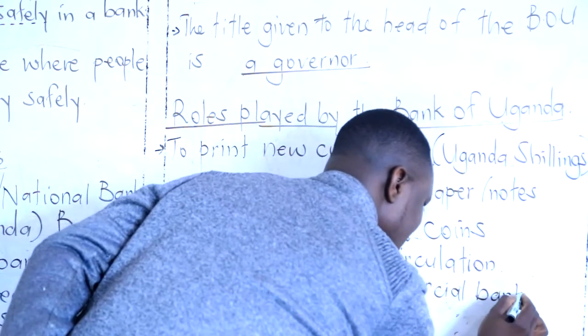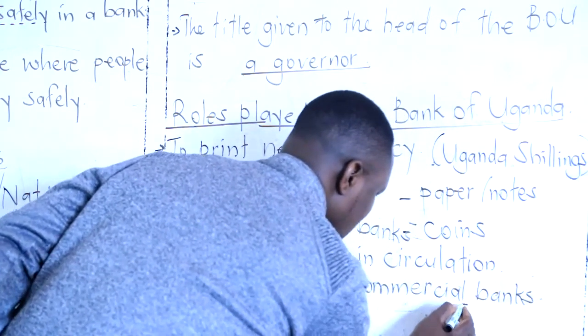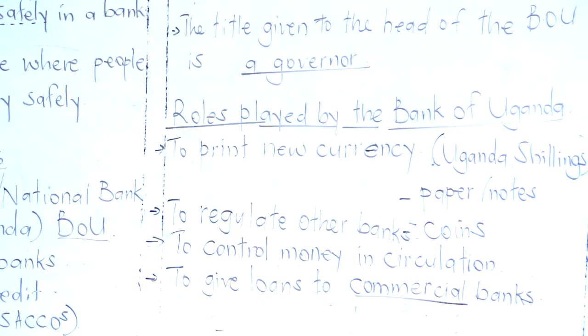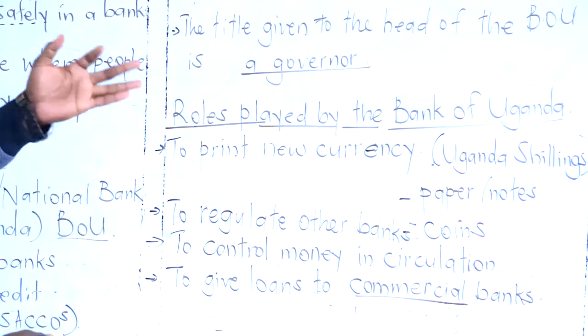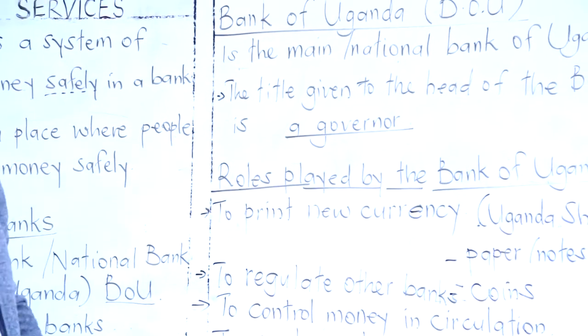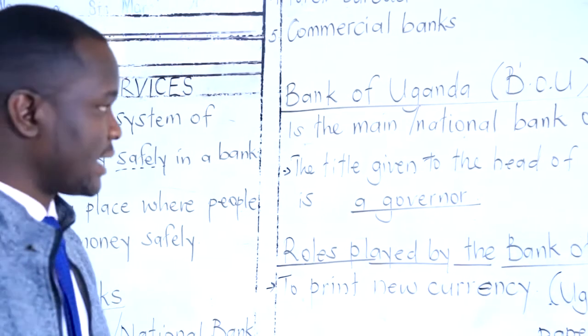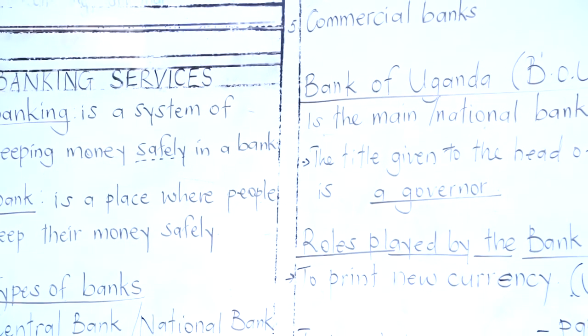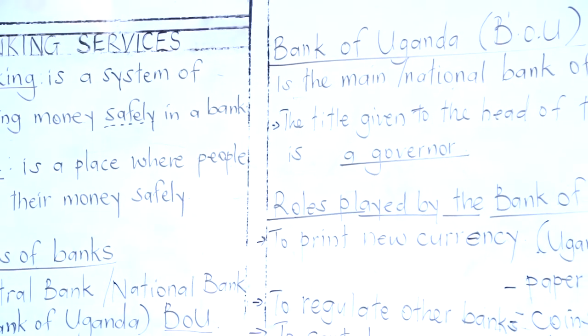We shall come to understand what these commercial banks are. To give loans to commercial banks and also to license new banks that are coming up in the country. So these are the roles, among others, played by the Bank of Uganda as the main bank for Uganda.